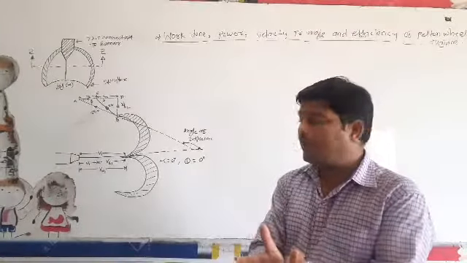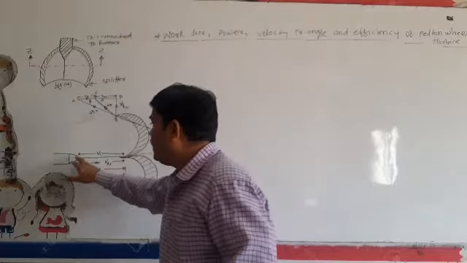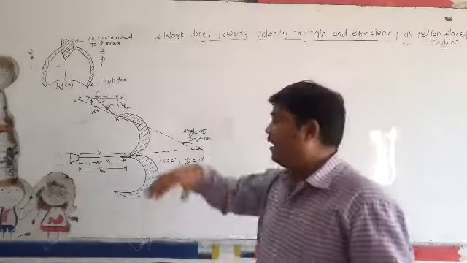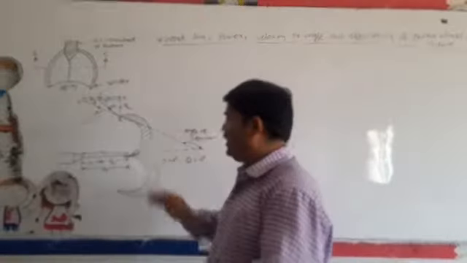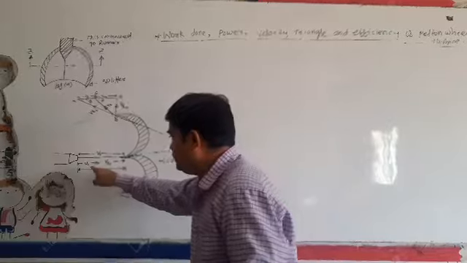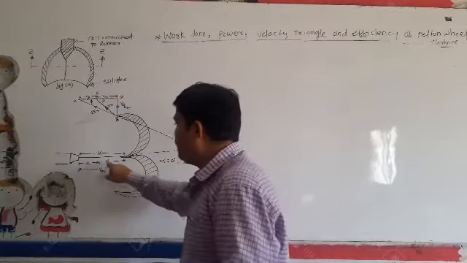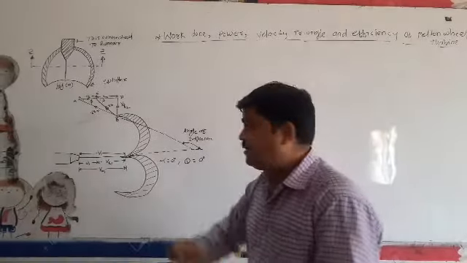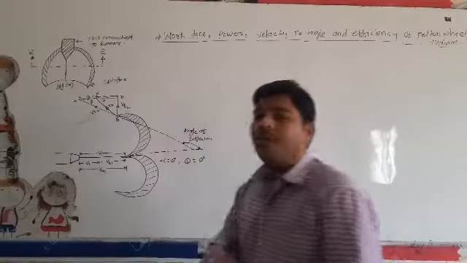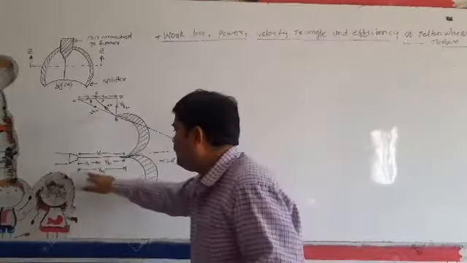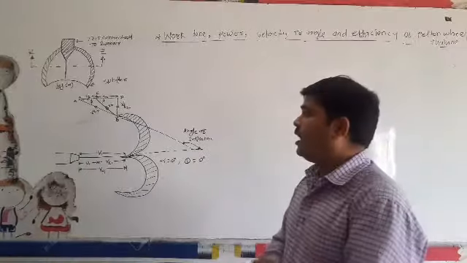What is the relative velocity? The initial velocity of the impact jet is V1, and after it strikes, the velocity of the bucket is u1. So the relative velocity Vr1 is equal to the initial velocity of the impact jet minus the velocity of the bucket. Vw1 is the velocity component.